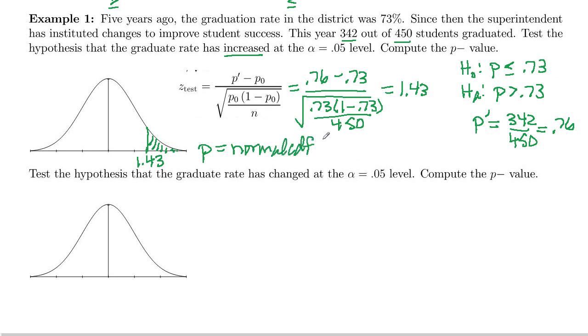Our lower bound is 1.43. Our upper bound, we're going out to infinity, so we'll use 10,000. Our mean is 0 and our standard deviation is 1, and we know that because we've converted to z-scores. So that's always 0, 1.